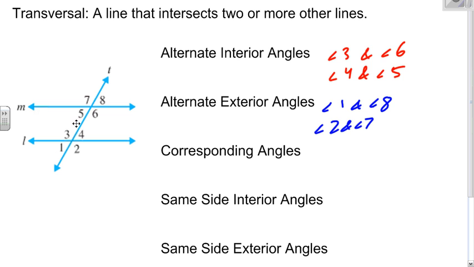Like angles 1 and 5, they're both in the bottom left if you look at each intersection separately. Also angle 2 and angle 6, angle 3 and angle 7, and angle 4 and angle 8.